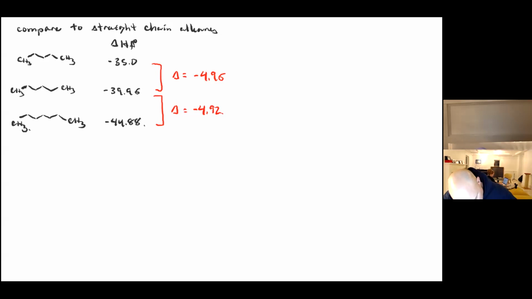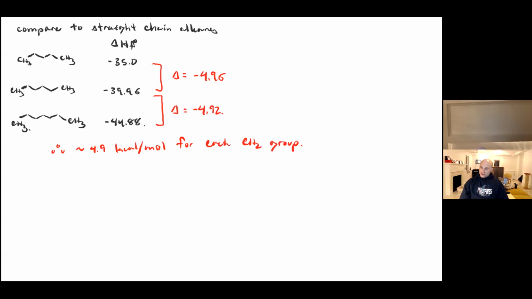And remember on the last slide that we said that each CH2 group in cyclohexane is worth about minus 4.9 kcals per mole.